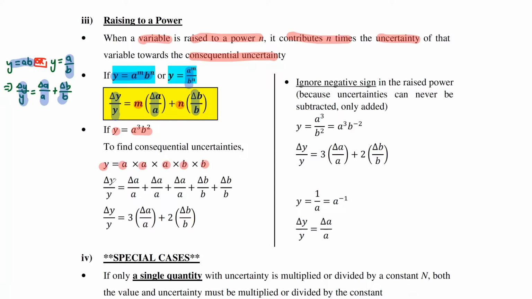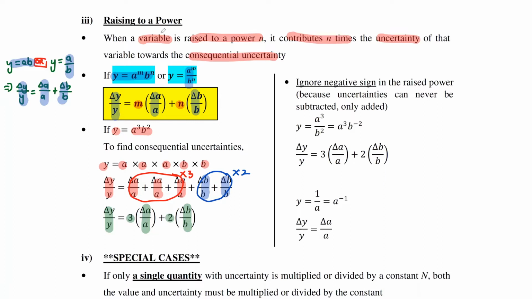So the fractional uncertainty of y would be equal to the fractional uncertainty of a added together 3 times, whereas the fractional uncertainty of b will be added together 2 times. So the final result that we will get is that the fractional uncertainty of y is equal to 3 times the fractional uncertainty of a plus 2 times the fractional uncertainty of b.